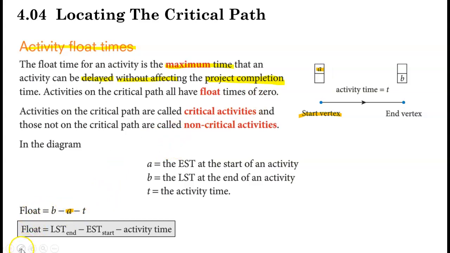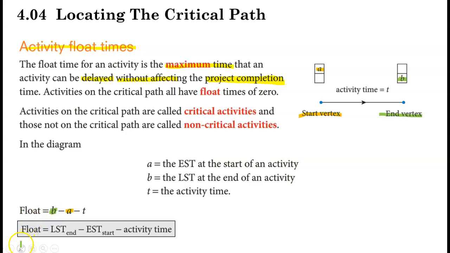Okay, then I'm going to look at the ending of the activity T. Right, the ending of the activity T here. So this is LST. So for the ending of the activity here, look for the LST value.